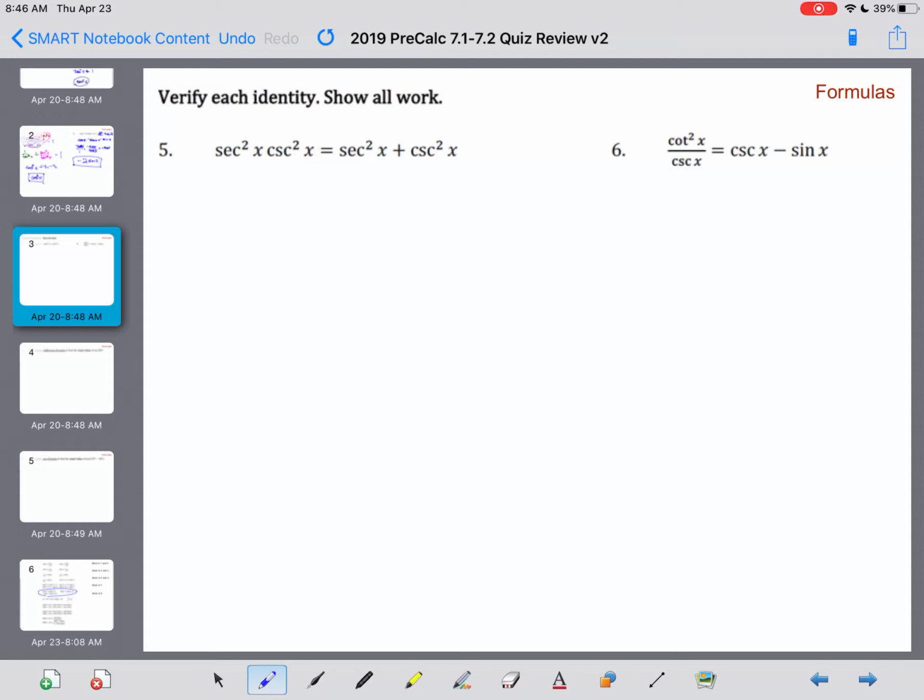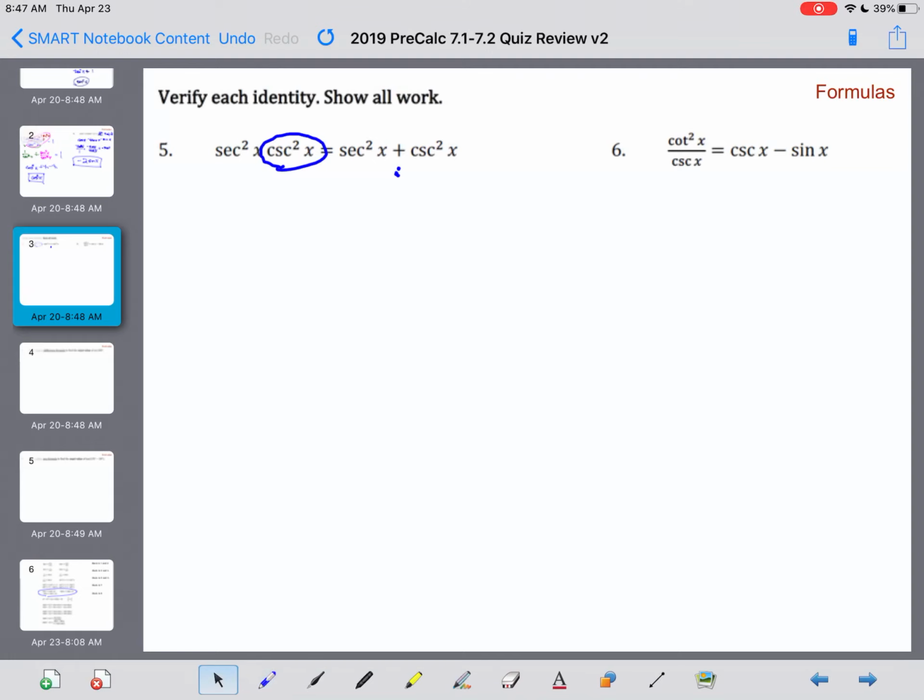Moving on here, verifying is getting one side to equal the other side or changing both sides. But again, it's some logical intuition here. Now the first thing I'm going to do is take this cosecant squared, and I know I need to get a sum, so I could switch that to 1 over sine squared, but that's not really going to help me get a sum.